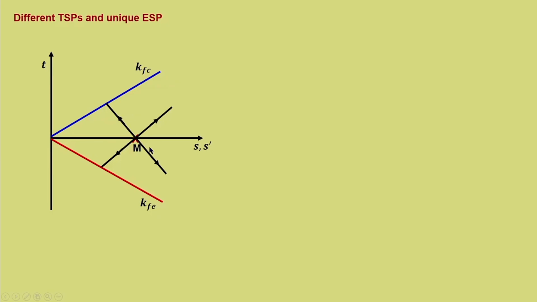We have seen that this is very much similar to that of the drained stress path, but for all these TSPs we have the unique ESP. This is just an example, this particular slope. So, it is unique ESP, that is what we have understood from our previous discussion.